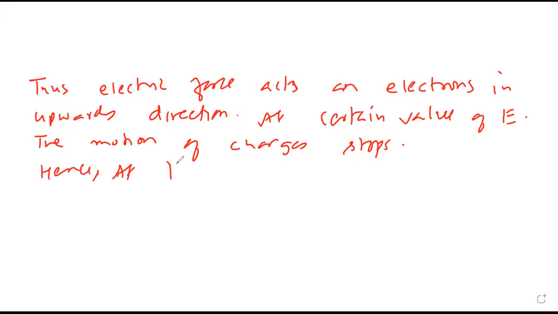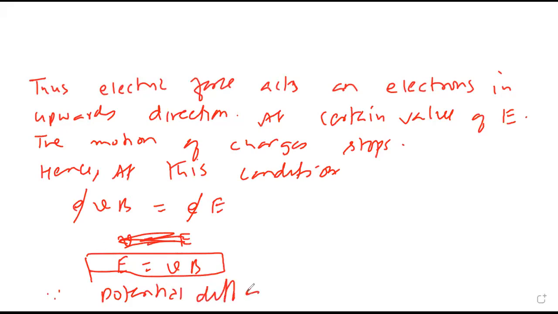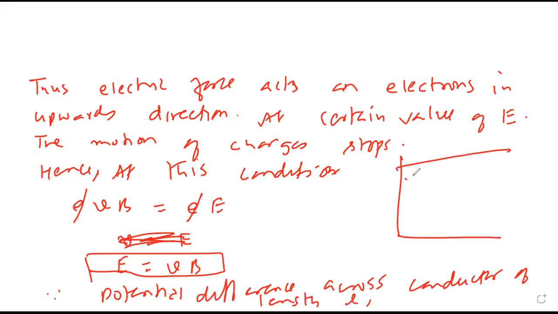Hence, at this condition, evB equals eE. Therefore, E equals velocity v into B. Since the potential difference across a conductor of length L, V equals E into L. Therefore, V is vB into L, so V is BLv. So the potential across the conductor when it moves with velocity v is given by BLv.